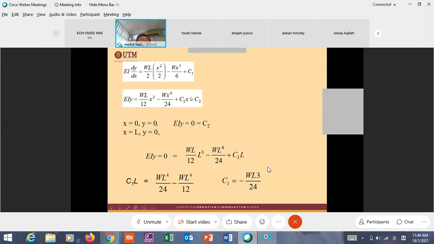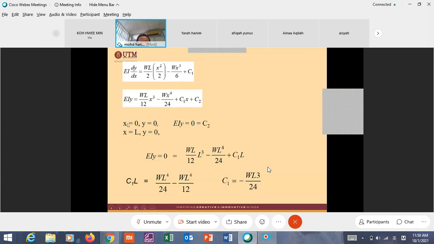So we have two constants unknown, and therefore we need two boundary conditions.